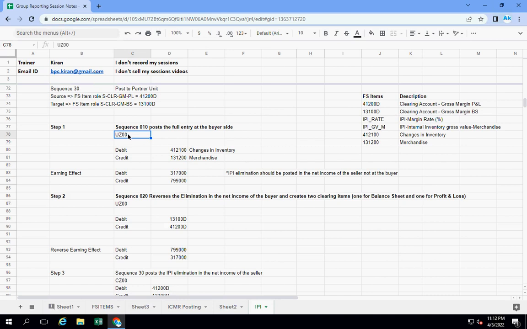So automatically the system will post the earnings effect. Because my changes in inventory is posted, this is my P&L, the system automatically debits my balance sheet net income account and credits my P&L net income account. So this is net income balance sheet, this is net income P&L.